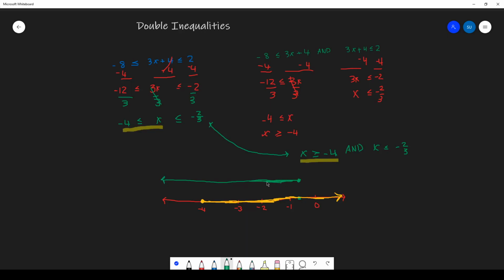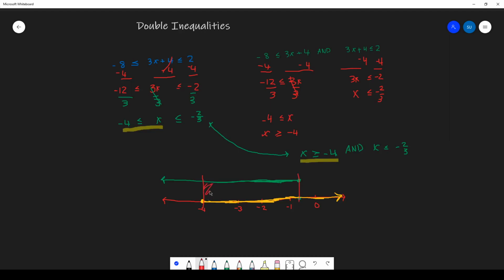Because it is an "and," remember, double inequalities are basically "and" inequalities, just written in a fancier or more compact form. We have to see which range of solutions will satisfy both conditions. So we can determine here that the range of solutions is from here to somewhere over here.